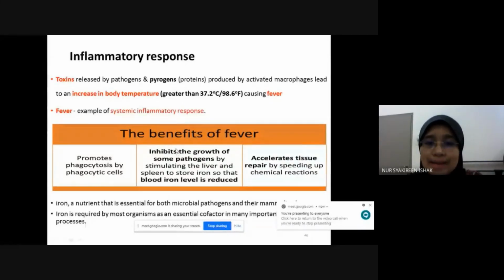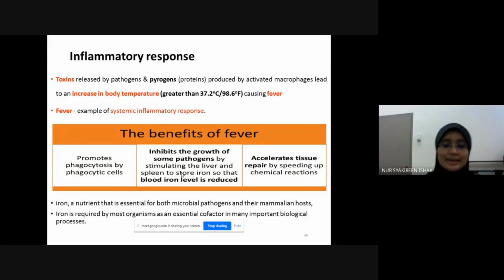Okay, bila badan awak panas, fever tu dia akan menyebabkan masa awak demam tu, liver dengan spleen, dua organnya akan berfungsi untuk simpan iron. Iron ni diperlukan sebagai nutrien dalam tindak balas yang normal dalam sel-sel, tak kisahlah ada sel macrophage ke, pathogen ke, ataupun sel dalam badan awak sendiri ke. So kenapa iron? Sebab iron ni dia bertindak sebagai cofactor. Ingat tak chapter enzim?